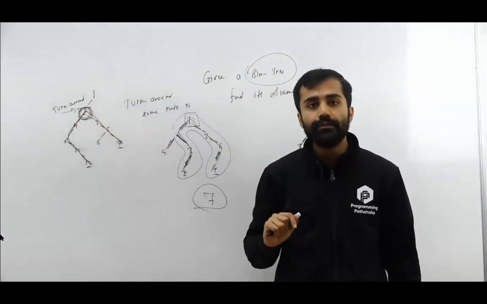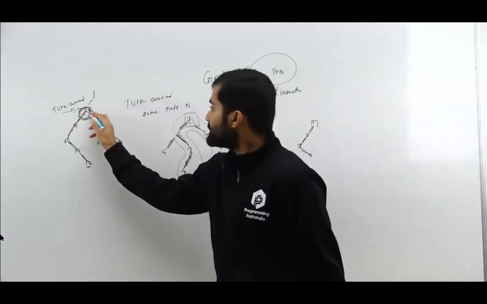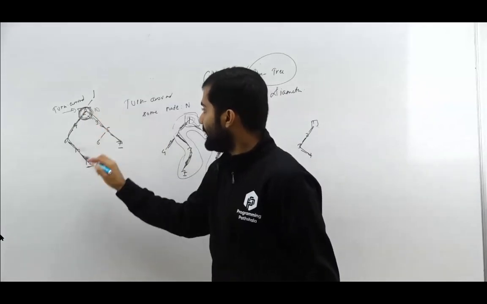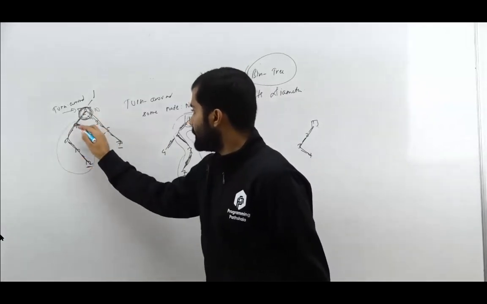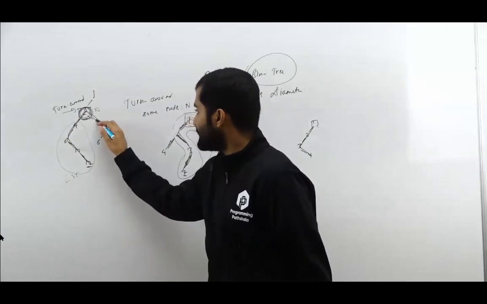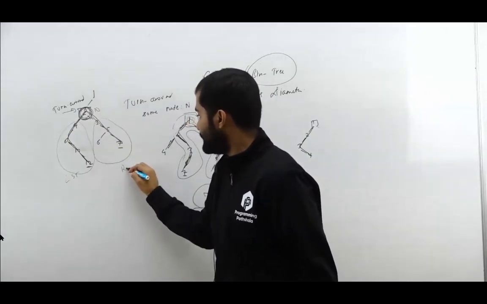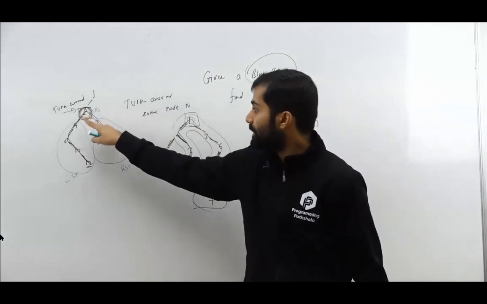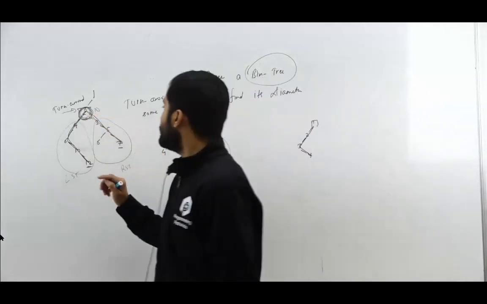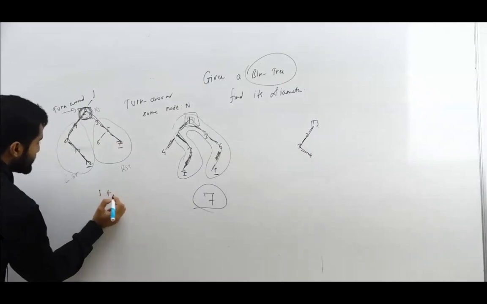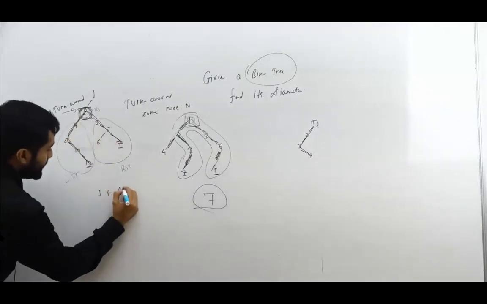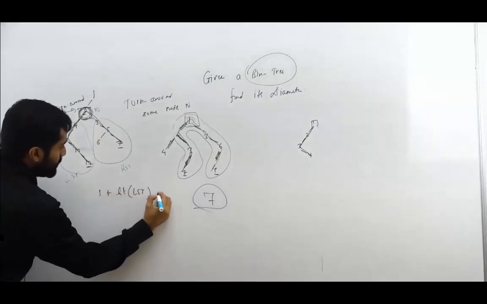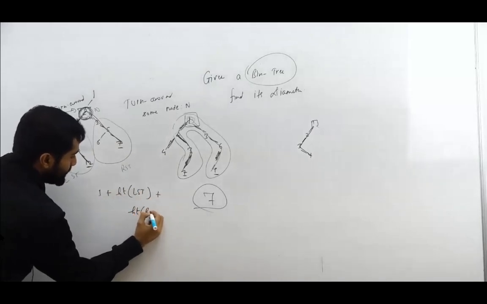So the answer to that is very simple. If there is a node, let's call it N, and it has a left subtree, call it LST, and a right subtree, let's call it RST, then the longest path that passes through it by taking a turnaround will simply be equal to 1 plus the height of left subtree plus the height of right subtree.